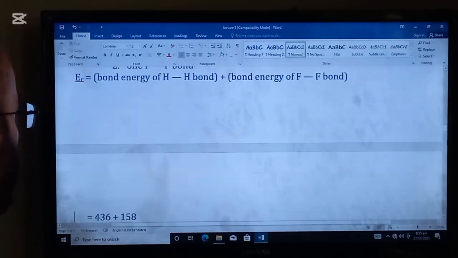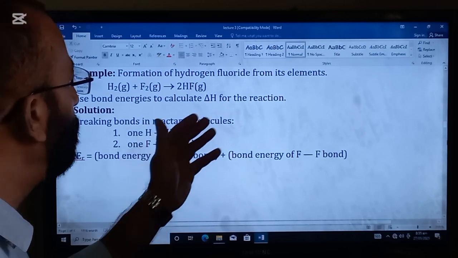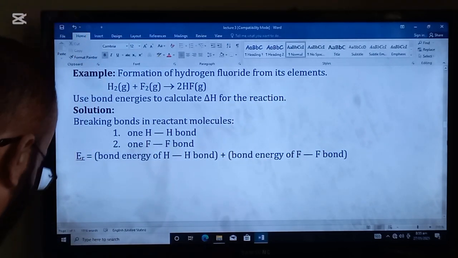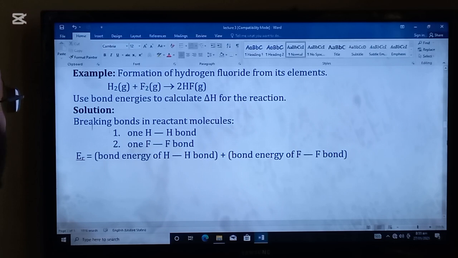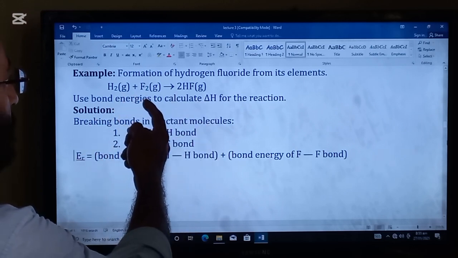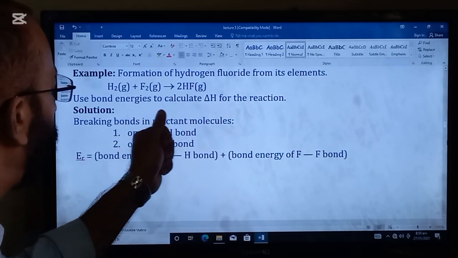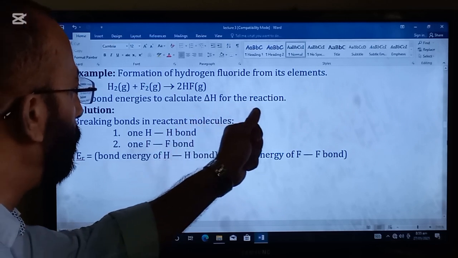And here is a question. Formation of the hydrogen fluoride from its elements. Here is the equation. H2 plus F2 forms 2HF. Use bond energies to calculate delta H for the reaction.